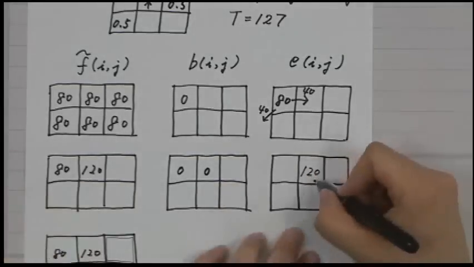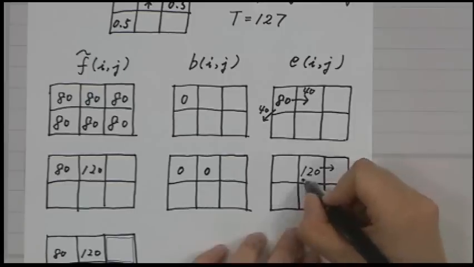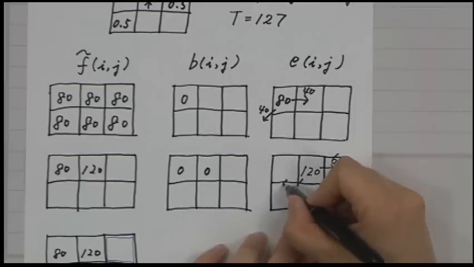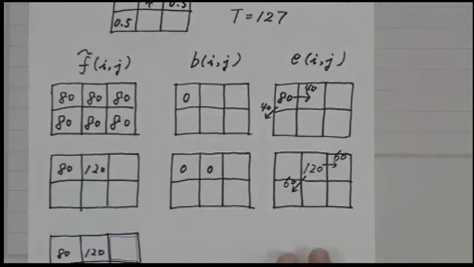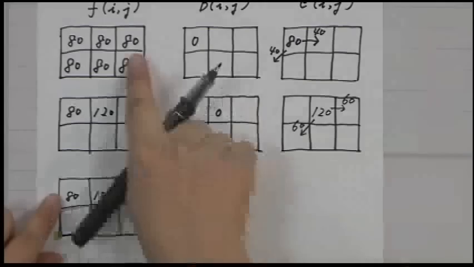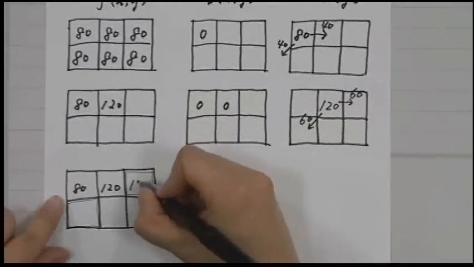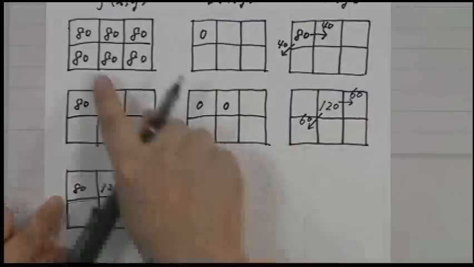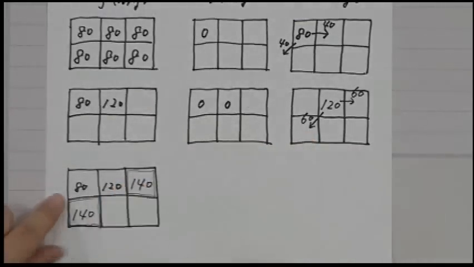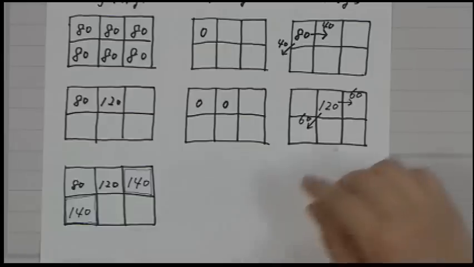And again, we want to propagate this error to two neighbors, this one and this one, half and half. So if you look at this f tilde, this is 80. So this becomes 140. This 180 plus 60, so 140. And then repeat the procedure.